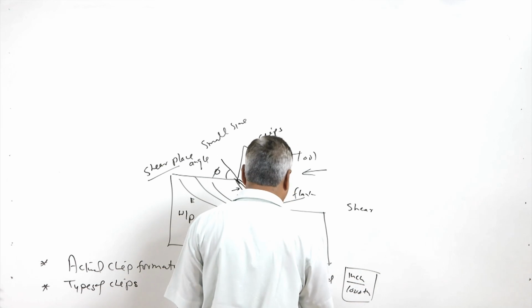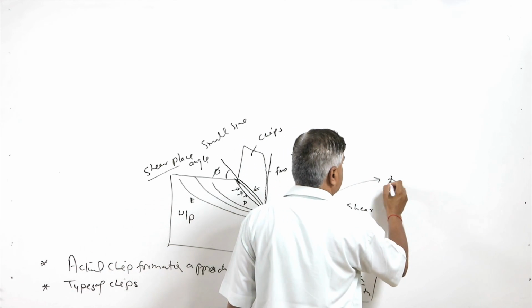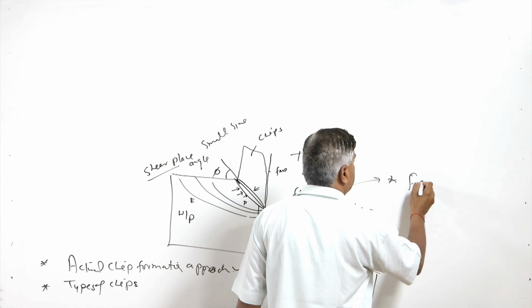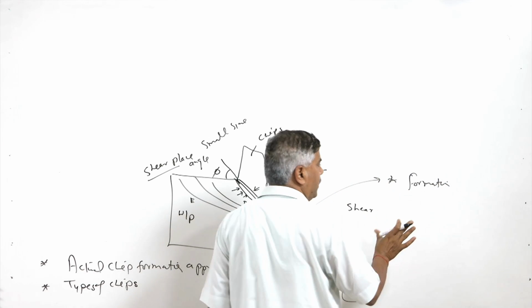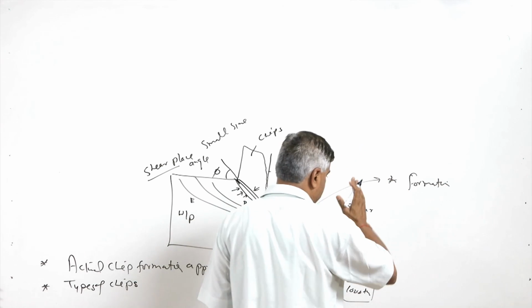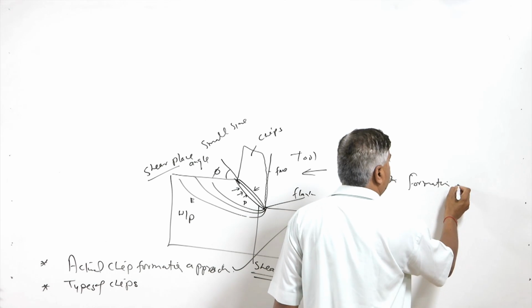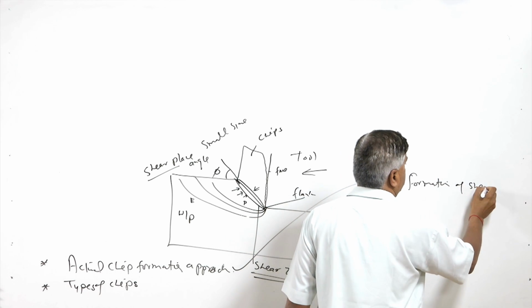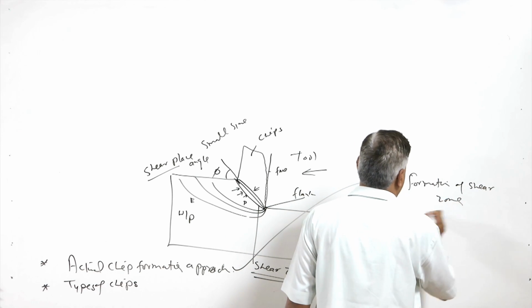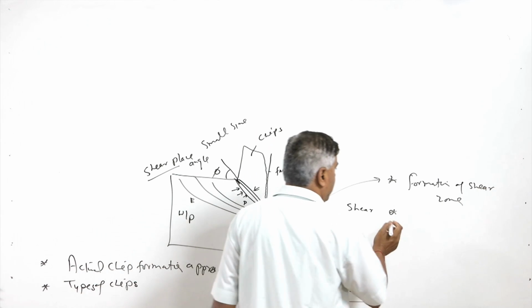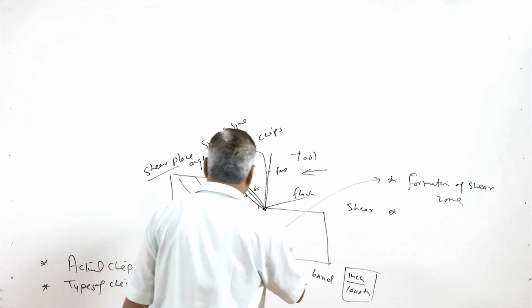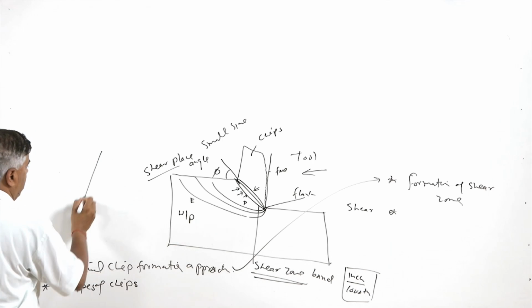So actual shear formation basically involves the shearing along a particular zone or band, not necessarily at just one plane. Formation of the shear zone means the shearing occurs over a zone of a certain size, and then after getting removed, the chips will be flowing.